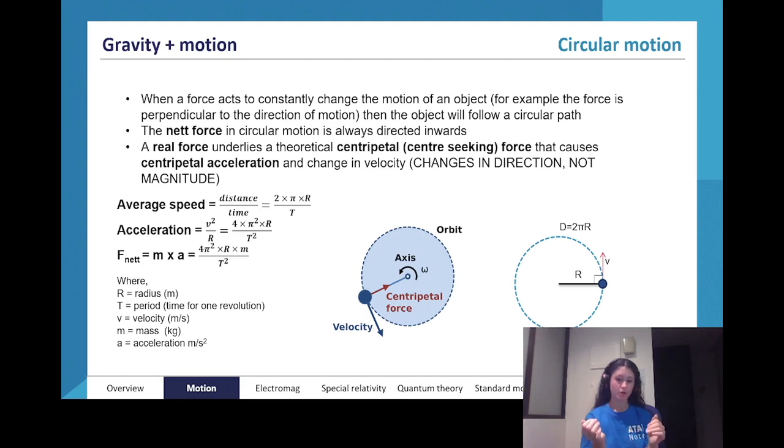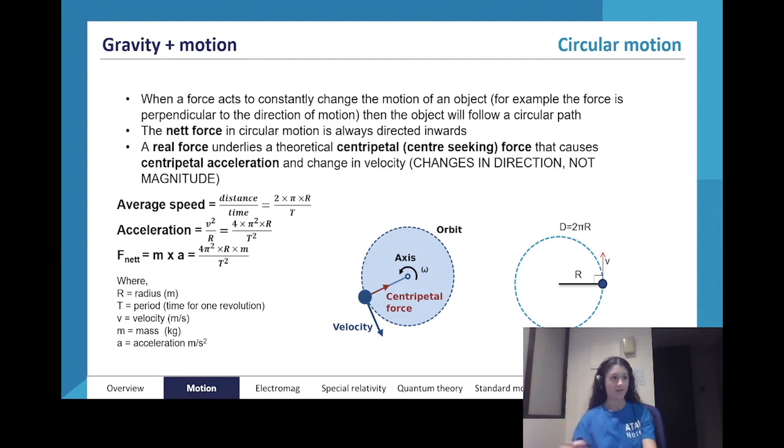But that's because the force is pulling you inwards, and your body is resisting that change because it has inertia. I hope that finally makes sense for you guys. If you still don't understand the concept, please put a question in the live chat and I'll answer it.